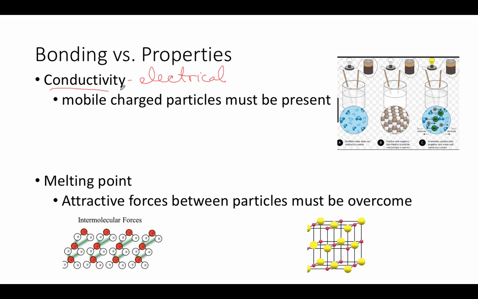Electrical conductivity is the ability to transmit electricity through a substance. In order for something to be conductive, I have to have the presence of charged particles, and those charged particles have to be free to move. So mobile charged particles have to be present in the substance.